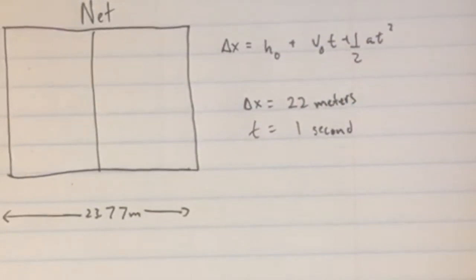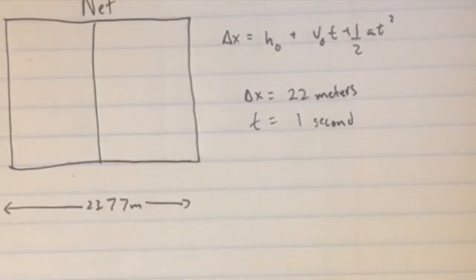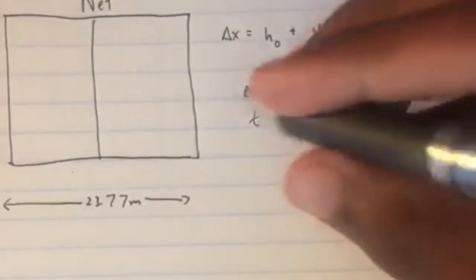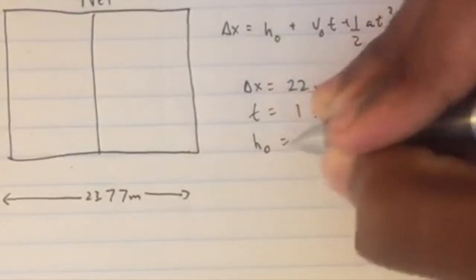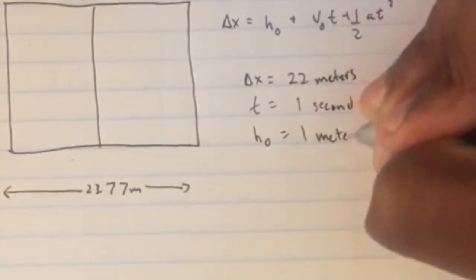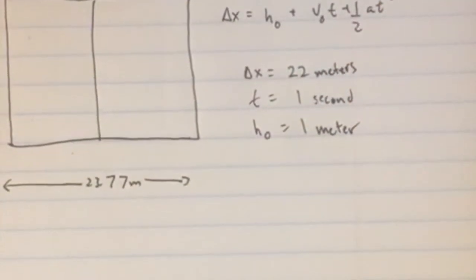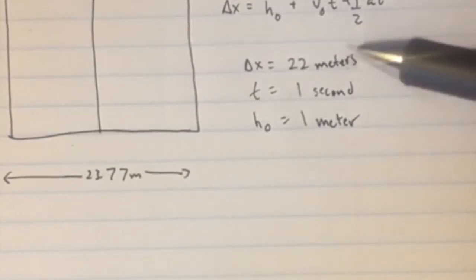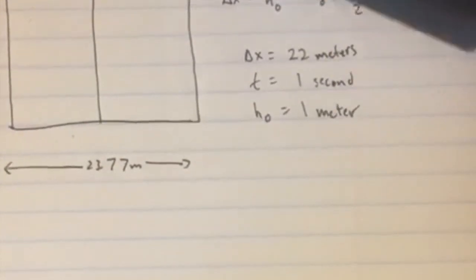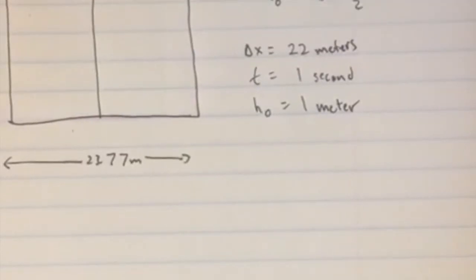And the usual height of a tennis shot is about 1 meter, so h naught is 1 meter. Now all we have to do is plug in these three values for their variables to find the value of v0.